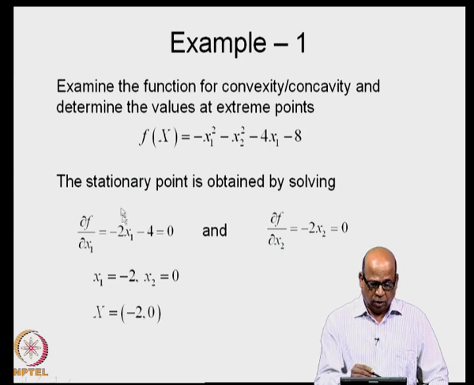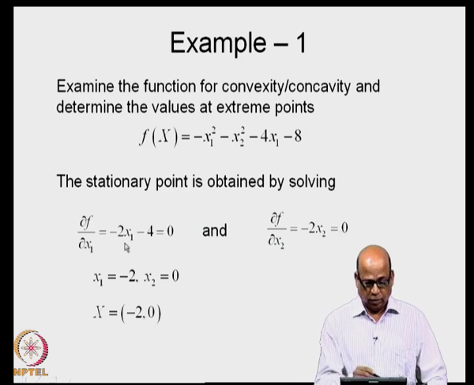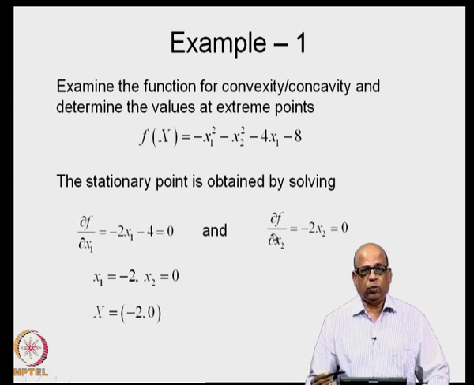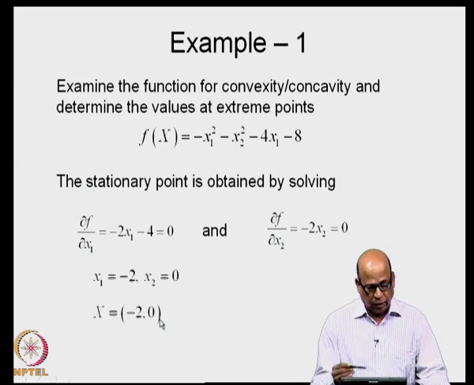So, this is how we obtain the stationary point, by equating the first derivatives with respect to each of the variables to 0. Then we formulate the Hessian matrix.